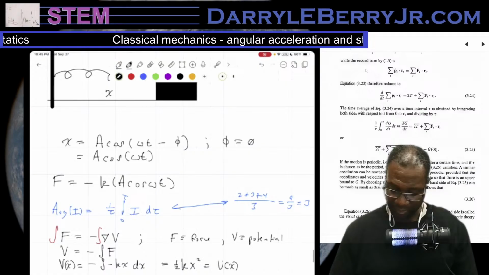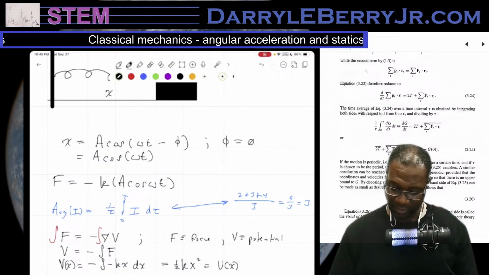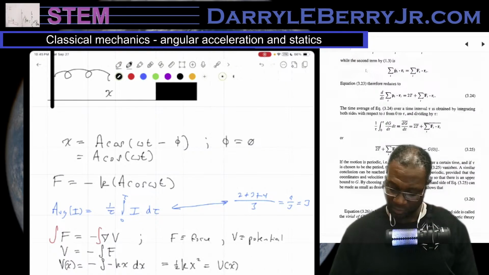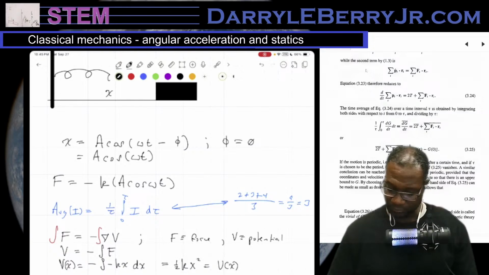So now we have the potential and the force in terms of x. The force is negative k a cosine omega t, and V is 1/2 k a squared cosine squared omega t.